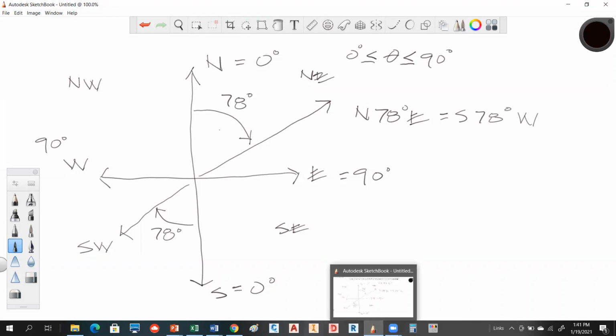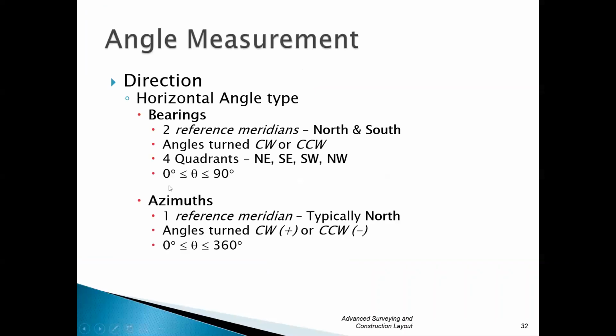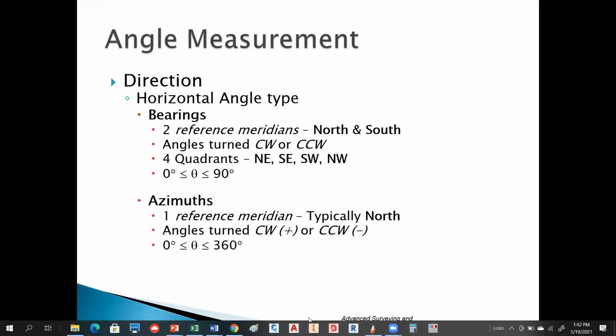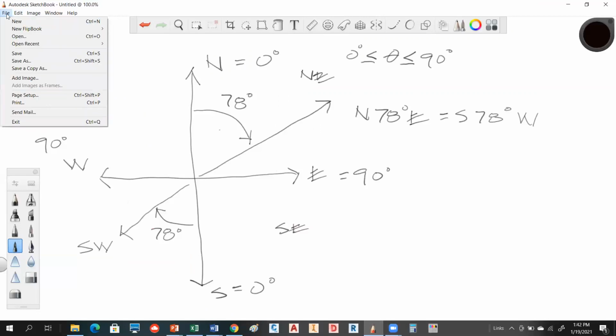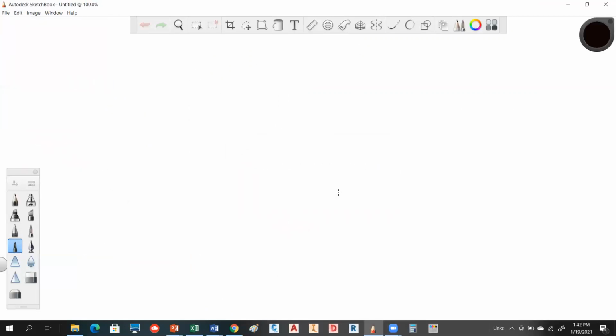The other type of direction angle that you're going to see is called an azimuth. Azimuth is different in the fact that it only has 1 reference meridian. They typically use north, so that means that's 0. And the angle can go from 0 to 360, typically measured clockwise. So if we look at the azimuth type of angle, it's kind of like the bearing, except it doesn't have quadrants.